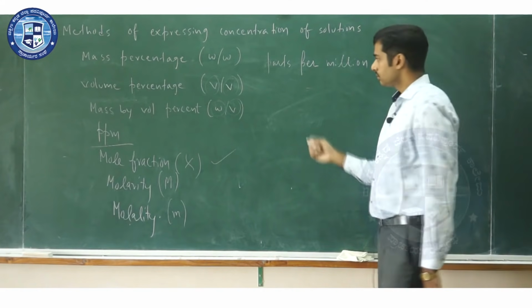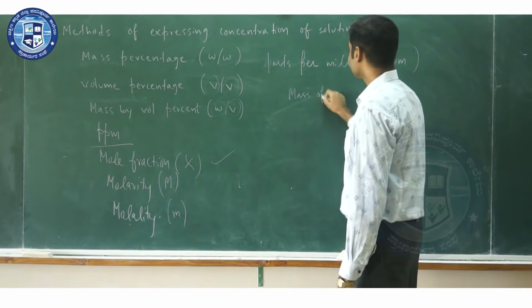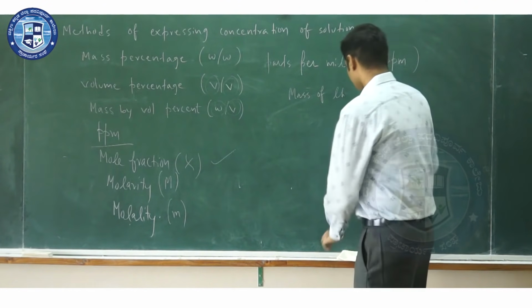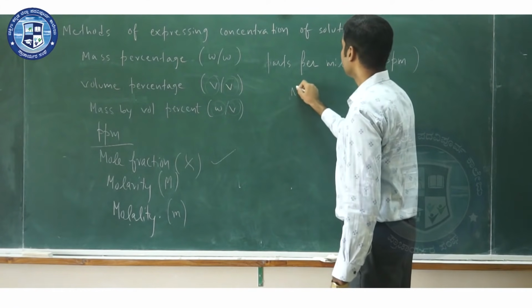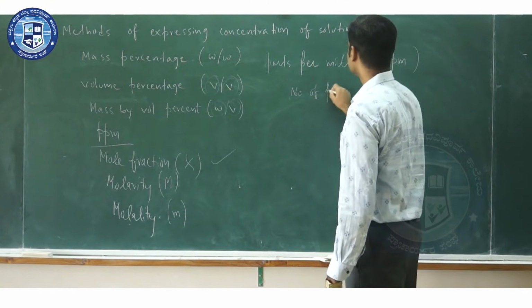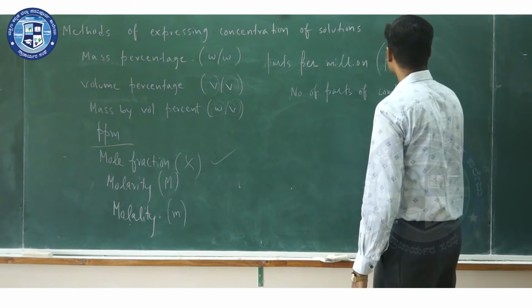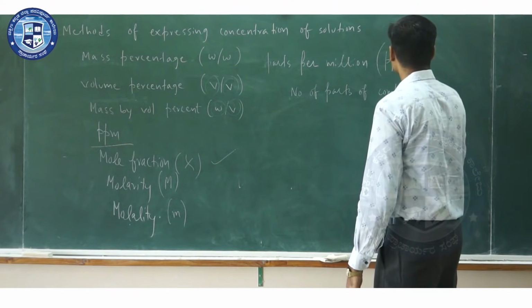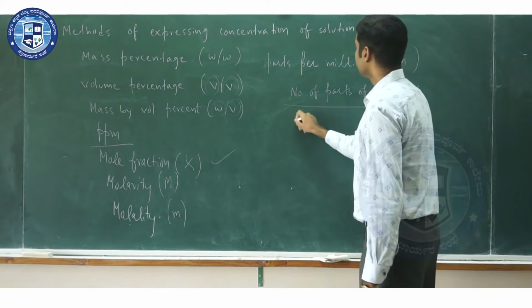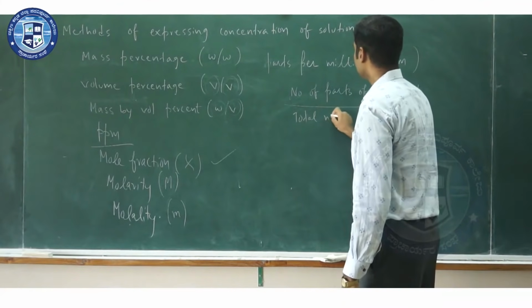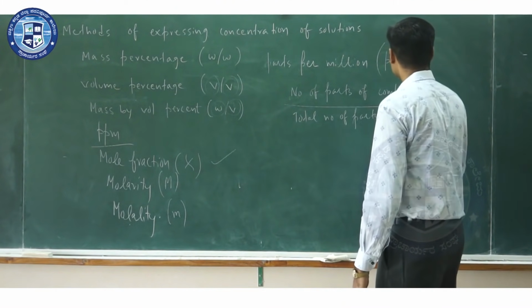Now what is done is, you have the mass of the component, or let me express this in terms of the number of parts of the component, and let me consider the total number of parts of the solution.